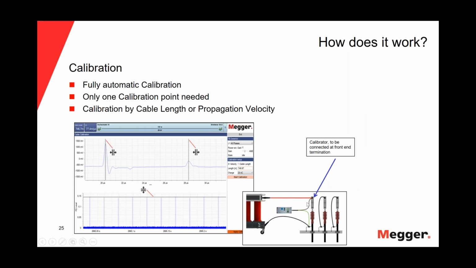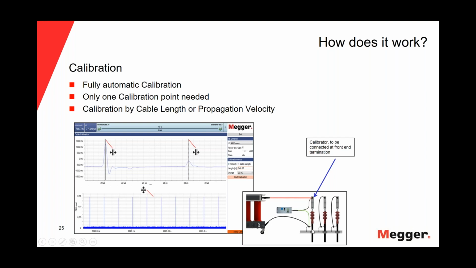And when we calibrate the circuit, what we do is put a calibrator at the beginning of the cable. We will inject a PD pulse in the cable, and the energy of the PD pulse we injected with the calibrator will split in two.